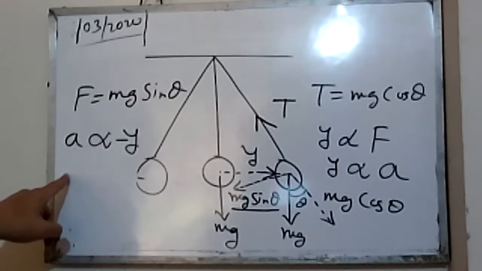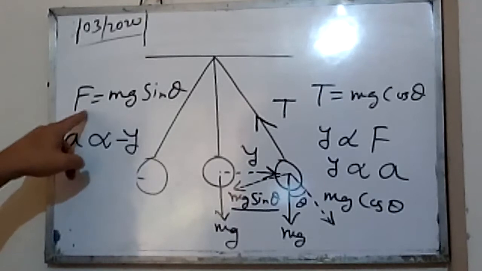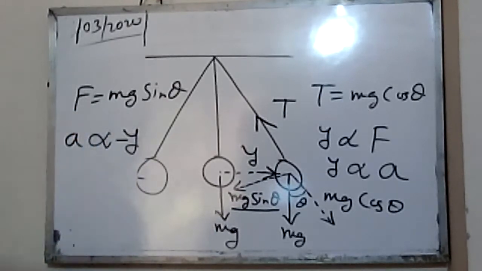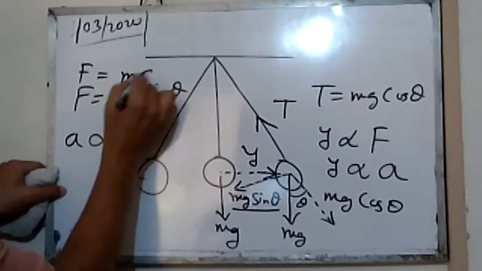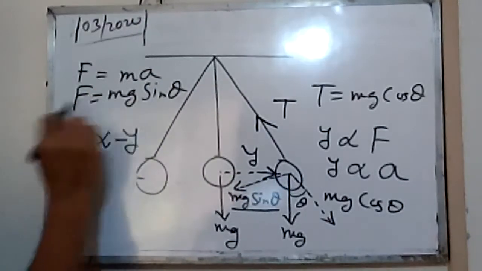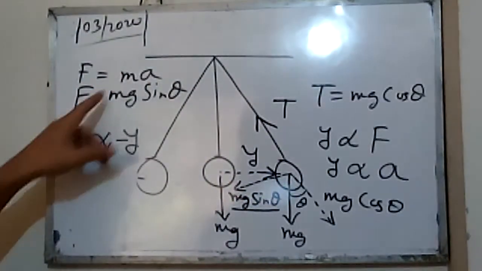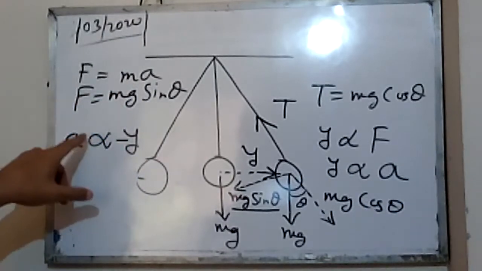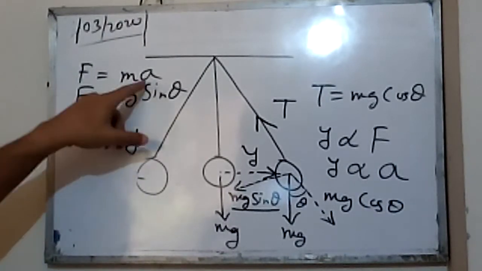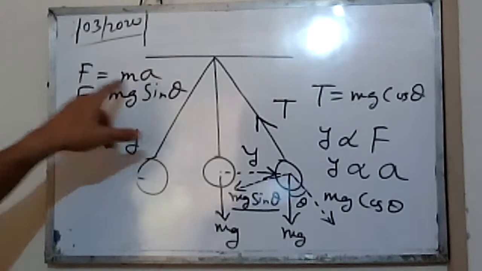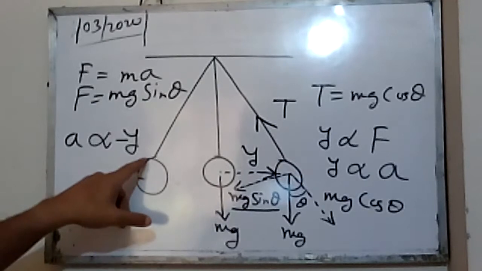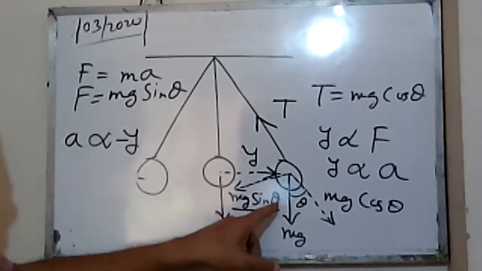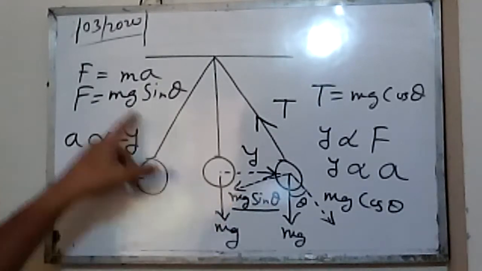Acceleration represents the force, because F equal to ma, m constant. Therefore we can say that a actually represents the force. A is proportional to minus y. A means mg sin theta. Mg sin theta means F.